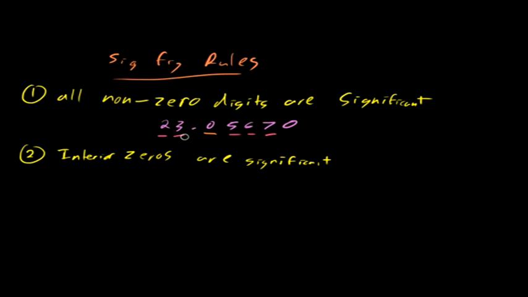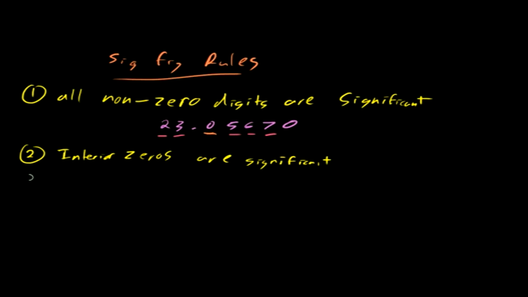And you could imagine, back from our scale example, if we were weighing something, say 23 pounds of apples, it's very possible that one of these digits could be 0, and that's still telling us information about how much those apples weigh. So this interior 0 is going to be significant.